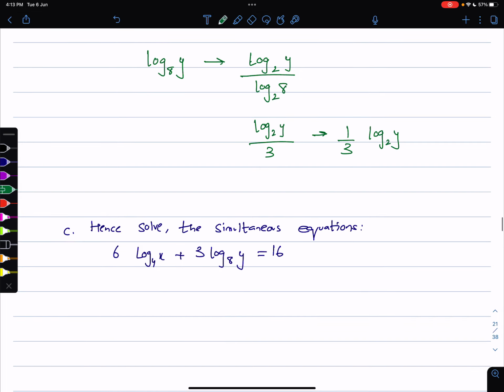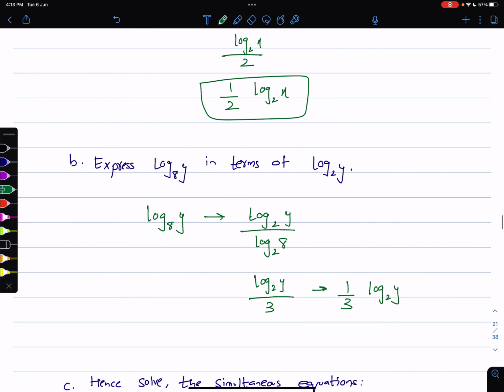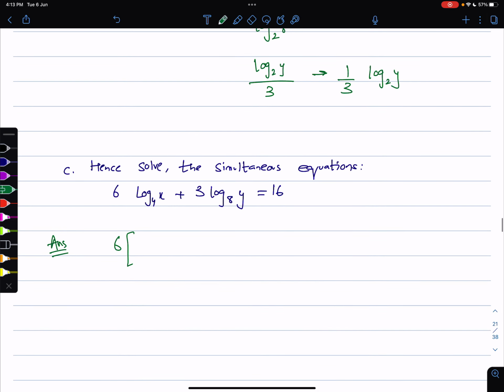Now the question says, hence solve the simultaneous equation 6 log 4 of x. Now log 4 of x answer came out to be half log 2 of x.